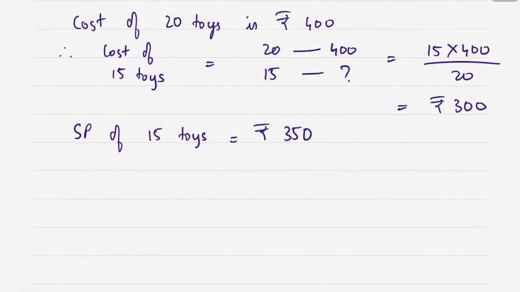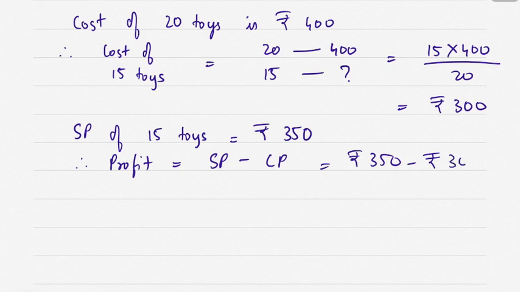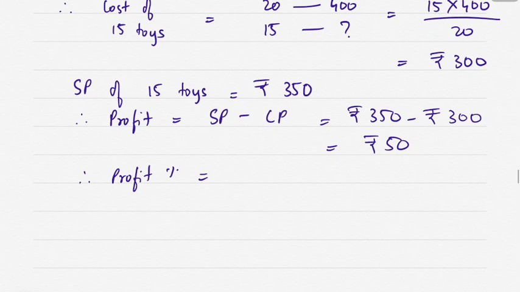So next line you will write, therefore profit is equal to selling price minus cost price, which is rupees 350 minus rupees 300, which is rupees 50. Therefore profit percent or gain percent is equal to profit divided by cost price into 100.